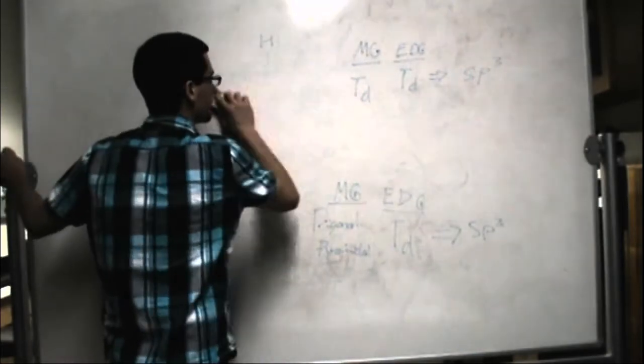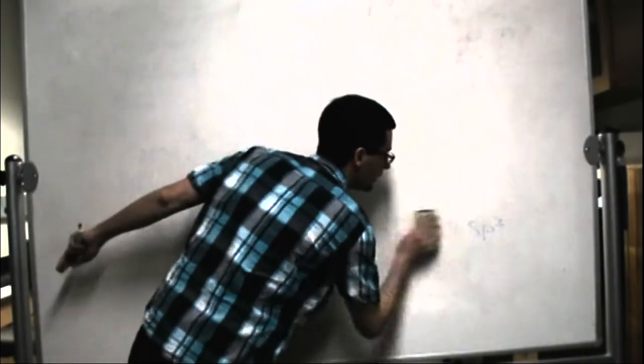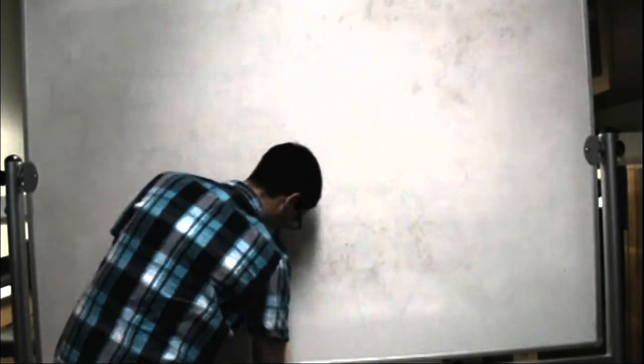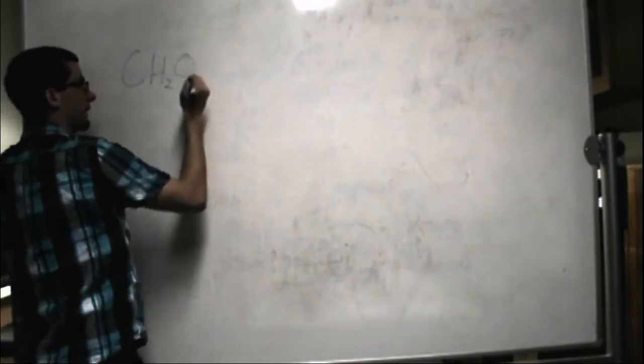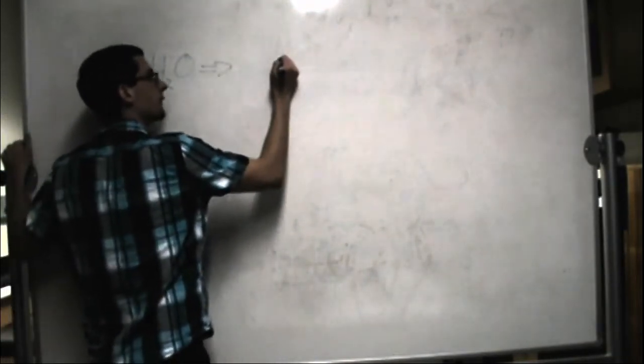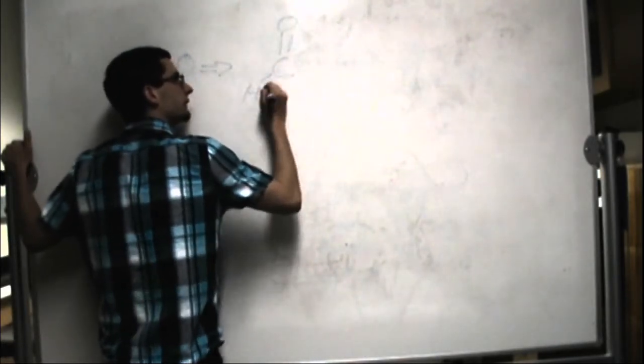So let's look at another example. Let's look at formaldehyde. Formaldehyde has a double bonded oxygen to it, and it has the molecular formula CH2O. If we draw the Lewis structure, we end up with a double bonded oxygen.